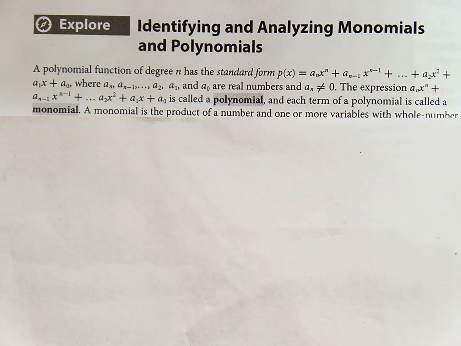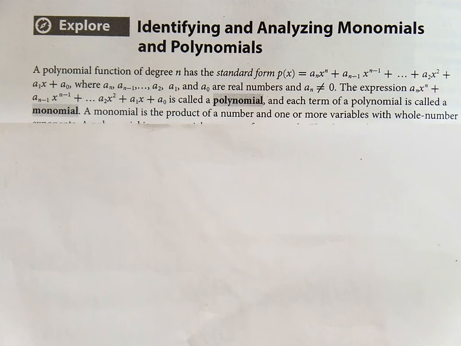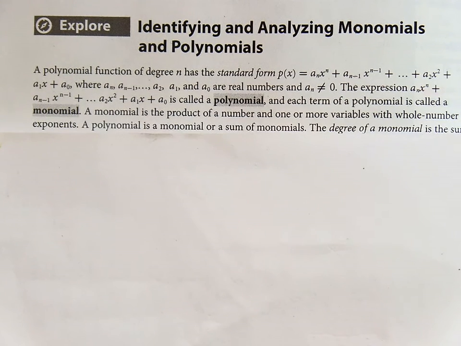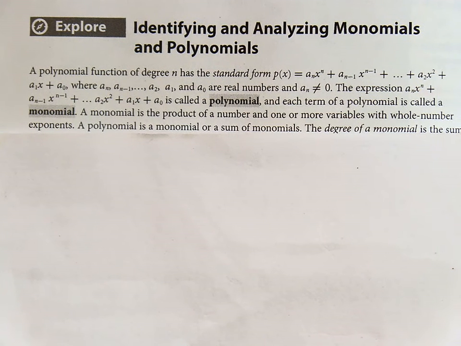Whenever there's a group of a number and a variable, and it doesn't always have to be a whole number, just a real number, and then you have a plus or minus another number and a variable, then that's the separation of terms. And each one of those is a monomial because it's one group. So a monomial is the product of a number and one or more variables with whole number exponents. Okay, so our exponents have to be whole numbers.